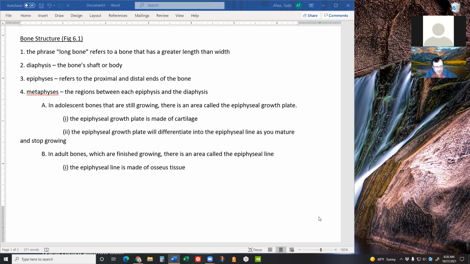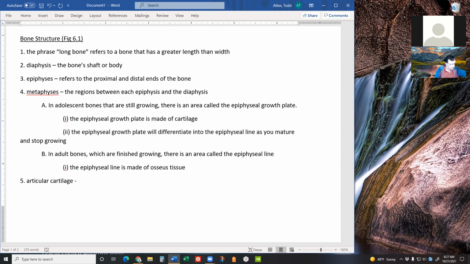Okay, let's continue, folks. So now we know diaphysis, epiphyses, metaphyses. Number 5, let me mention the articular cartilage. Articular cartilage is a very thin layer.